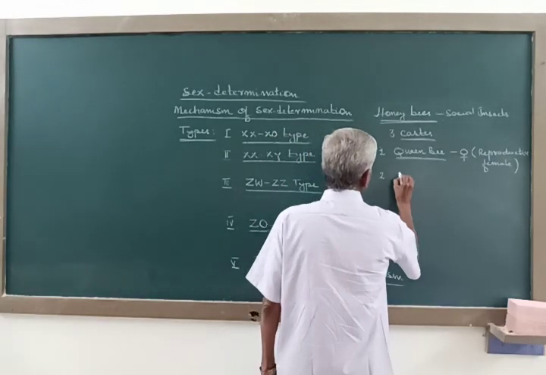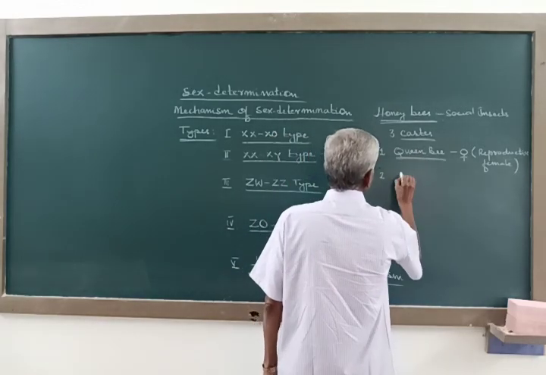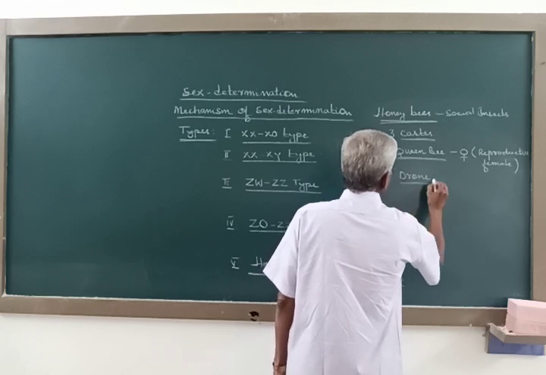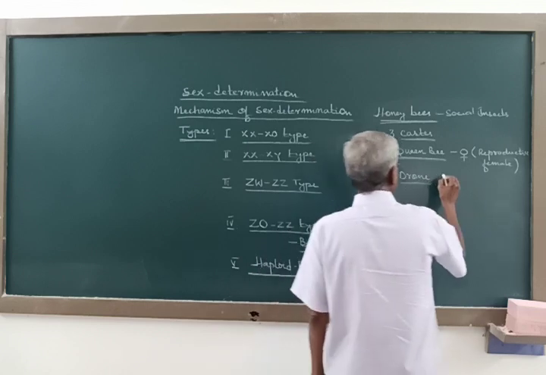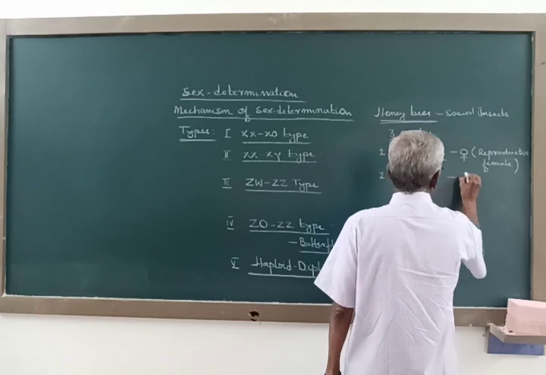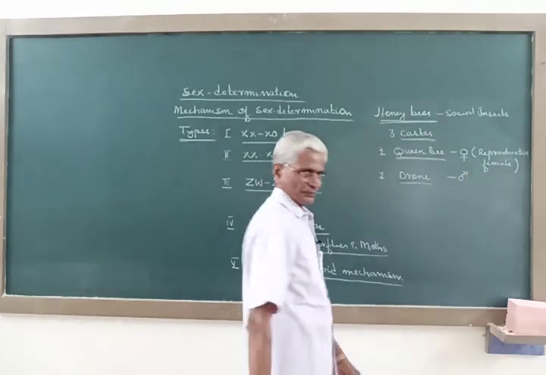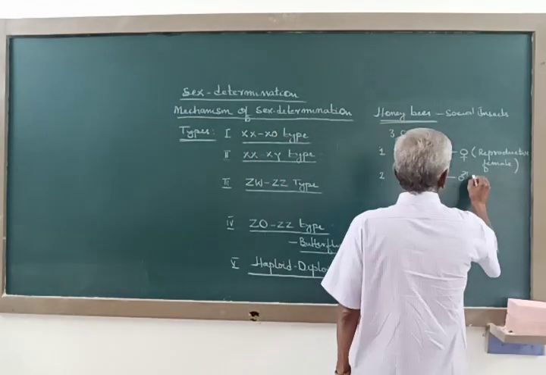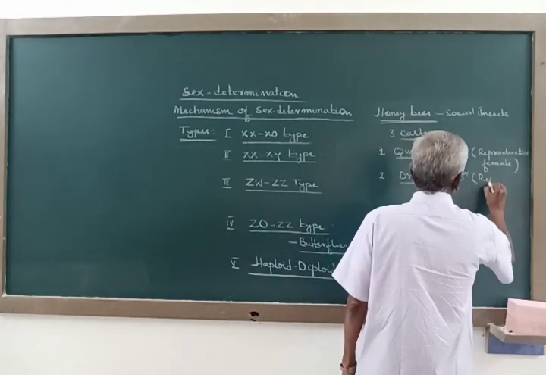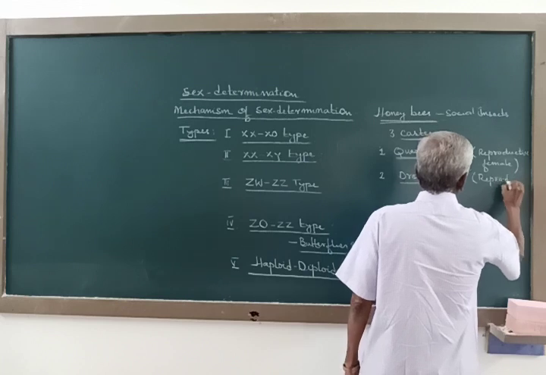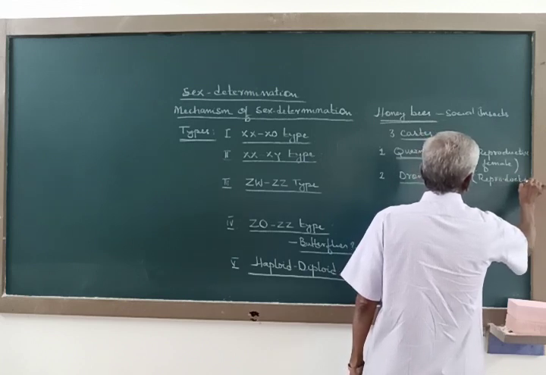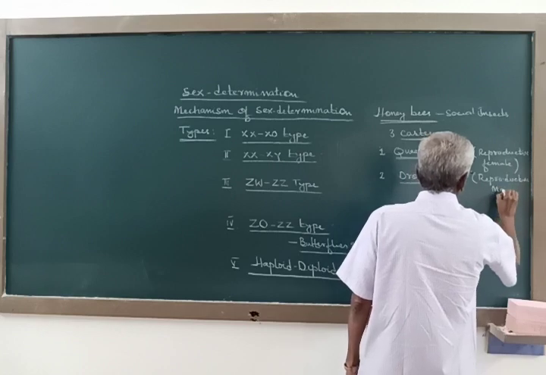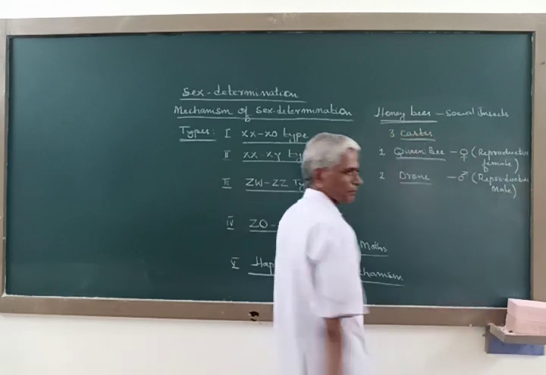Now another is the drone. Now this drone is a male honeybee, and this male honeybee, again this is a reproductive male, produces male gametes.